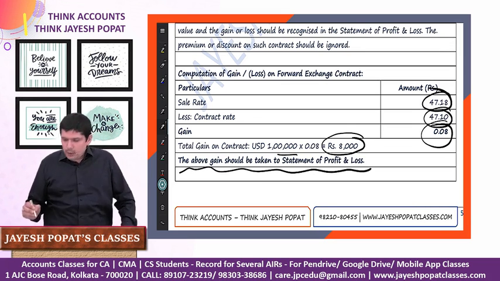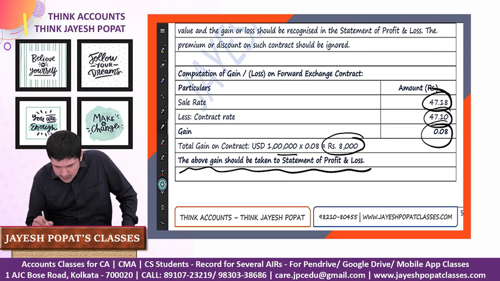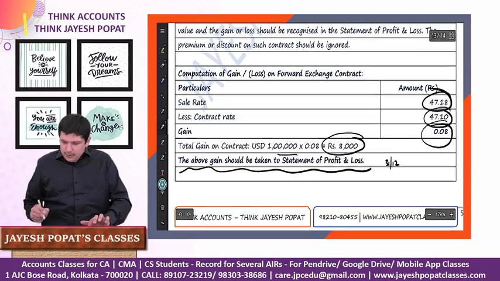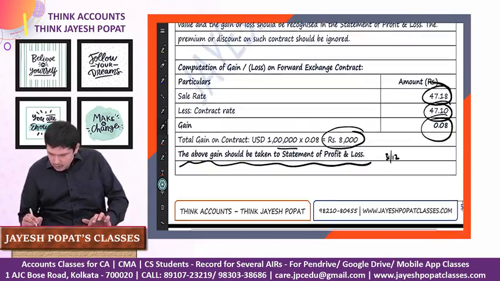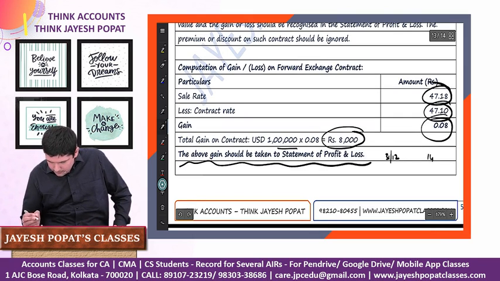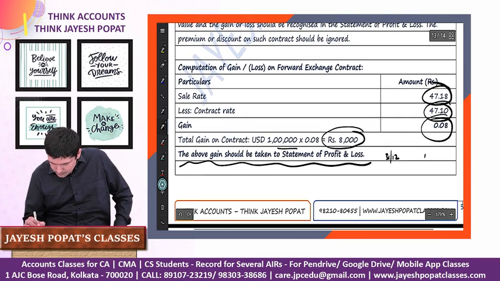And if you want, you can also do it financial year wise. On 31st December, they are saying the rate was 47.15 and it has purchased it for 47.10.